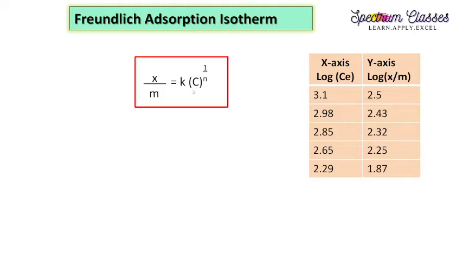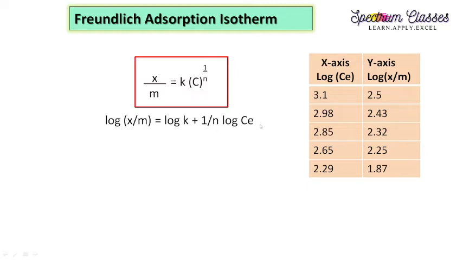If I take log of both sides, then what I will get? I will get log x upon m is equal to log k plus 1 over n log CE. If you think whether it is natural log or log base 10, so you can think of in either way. So if you take log base e and you want to convert it into log base 10, what you need to do is multiply by 2.303 on the right hand side also, and you will cancel out.